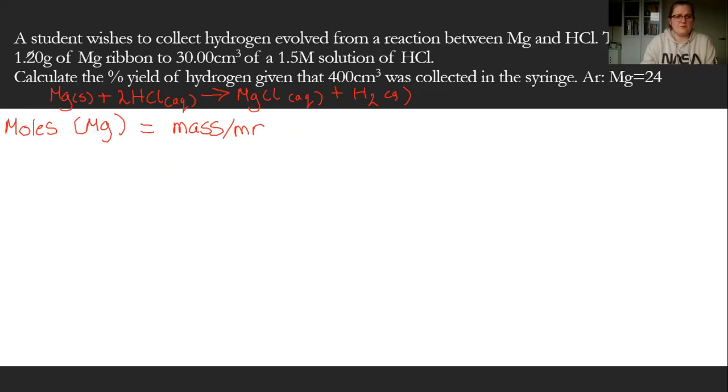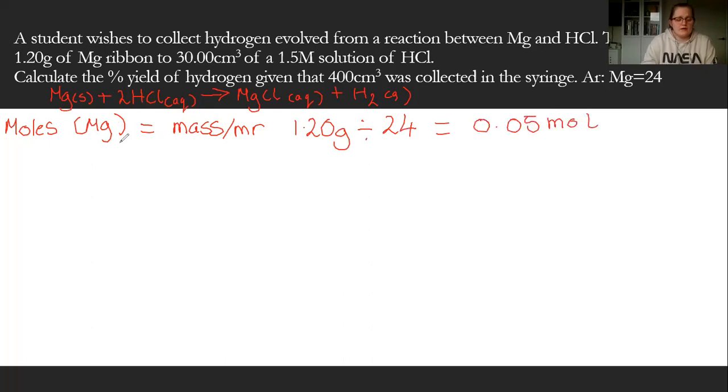The mass of magnesium is 1.2 grams, divided by its relative atomic mass, which is 24. That gives us 0.05 moles.